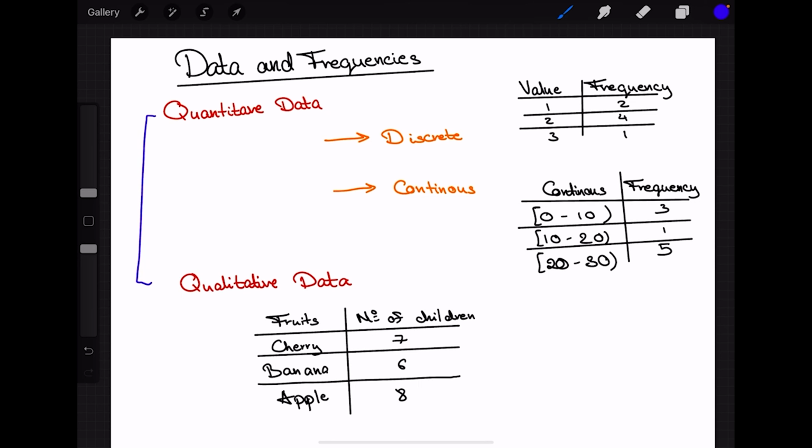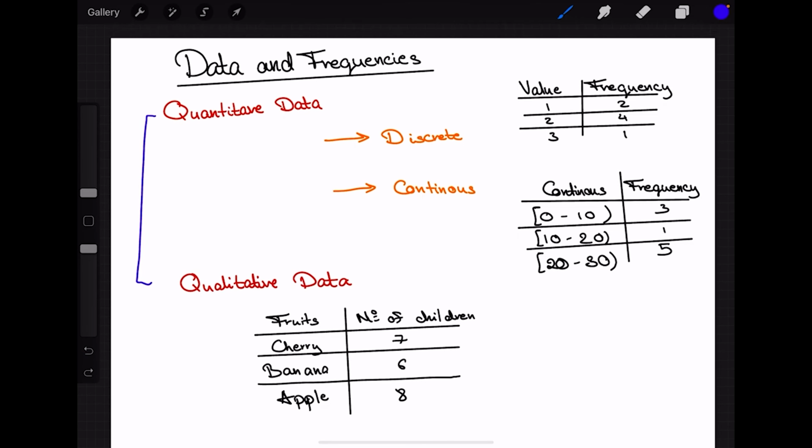Quantitative data is just referring to data that's primarily revolving around numbers, for example, values and frequency of values or intervals of values. Discrete is the exact values. It will be shown in tables such as these, while continuous will be intervals of values such as these.